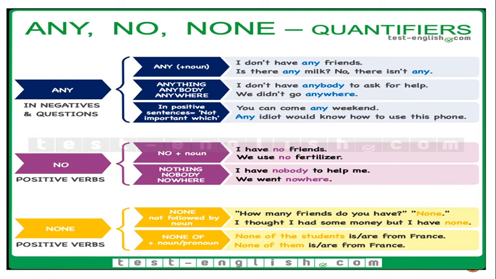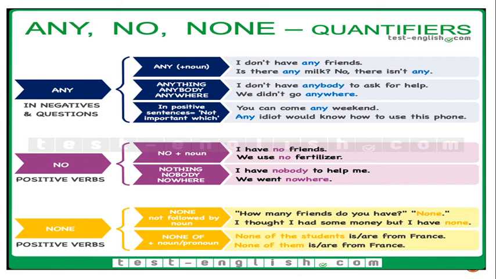Negative statement. We did not go anywhere. But in positive sentences it is not important, as in: you can come any weekend, any idiot would know how to use this phone. So we are not using it in many places, but any we are using in negative sentences and questions.